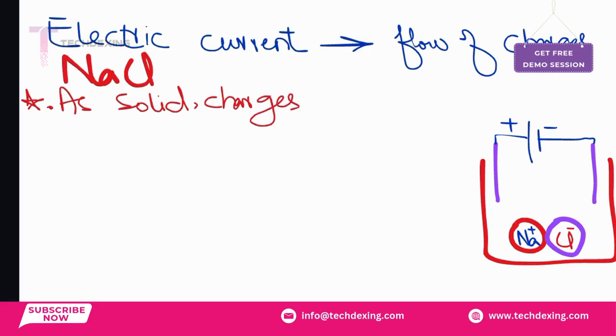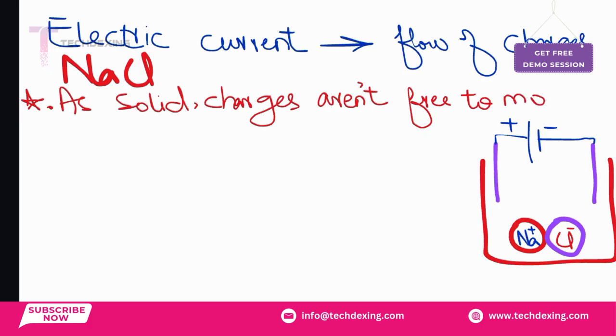So we can say that as solid, charges are not free to move. So when you have an ionic compound in the solid state, the charges are not free to move.